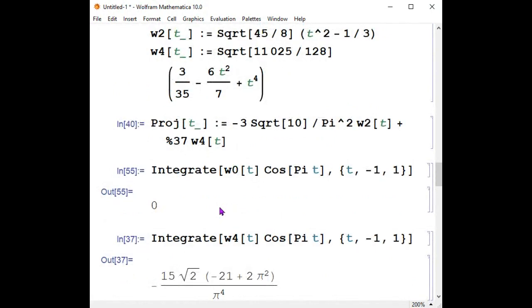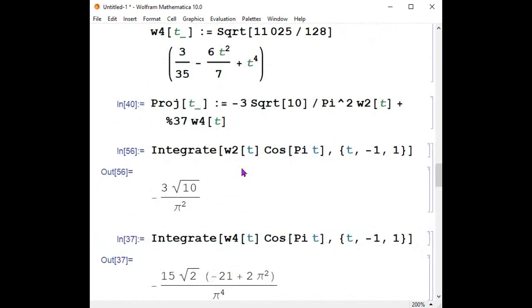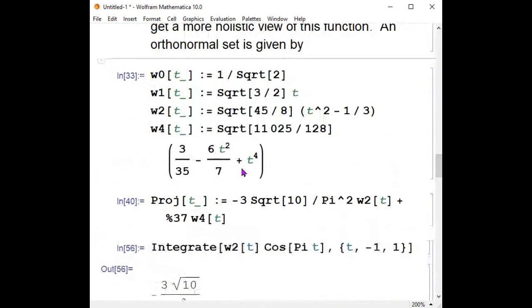So that means that there is no w0 component in this expansion. What about w1? Well, cosine pi t is an even function. w1 is odd. So that one's going to be 0 automatically. What about w2? Minus 3 times the square root of 10 divided by pi squared. Well, that's surprising.